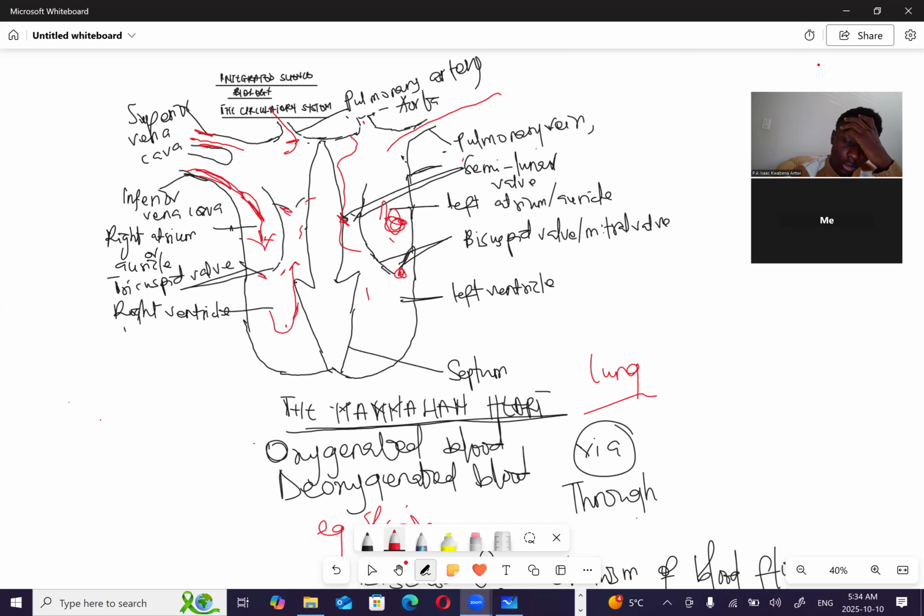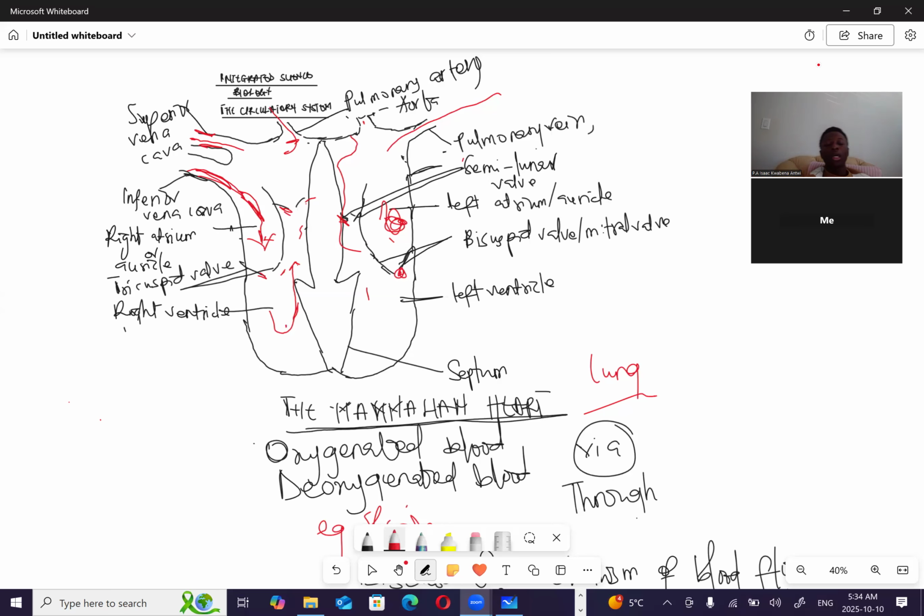The blood containing oxygen fills up the left atrium. The bicuspid valve allows it to the left ventricle. When it's filled up, the semilunar valve opens for the blood to get to the aorta. The aorta supplies oxygenated blood to every part of the body.